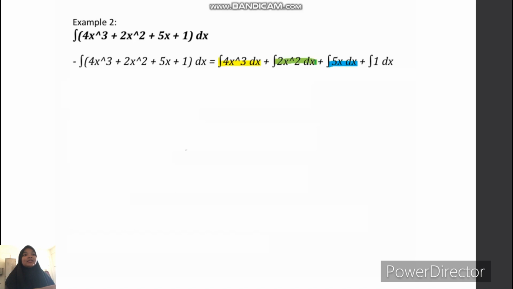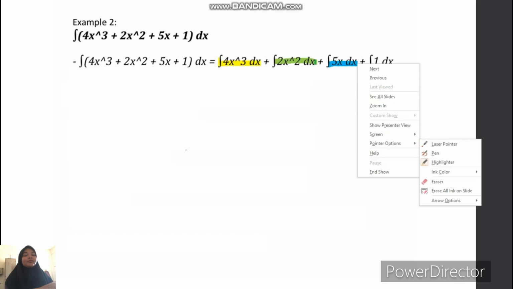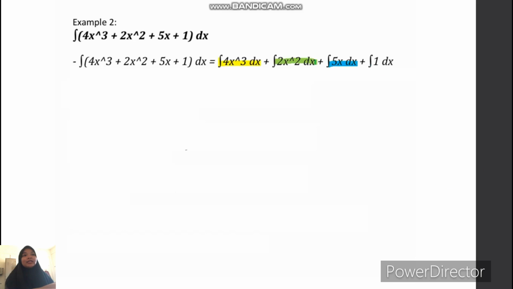And for the last term, we will have 1 dx. To apply the power rule to each term, we must finish term by term. So let's do the first term first.